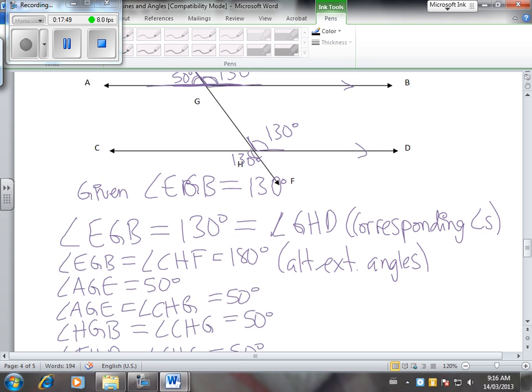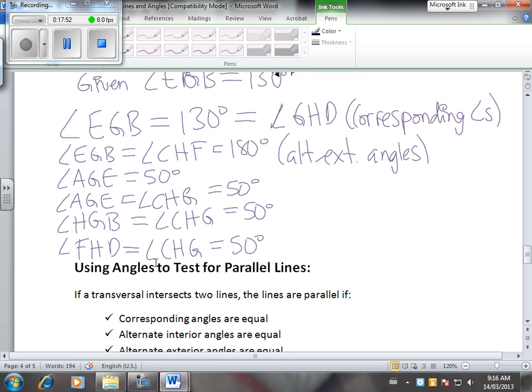And so if we look down here, AGE, this is a supplementary angle. Okay, and we say 180 minus 130 equals 50 degrees. The symbol here stands for angle. Okay, that's why I've written here angle EGB, angle AGE.